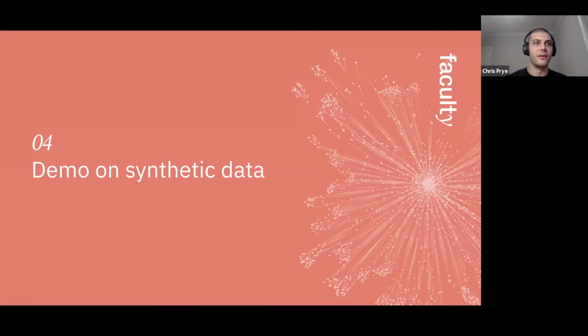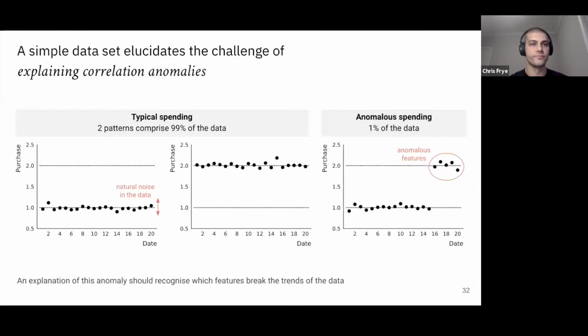Okay, so let me try to make this last point a little bit clearer with a demonstration of how all of this works on a simple synthetic data set. Okay, so we generated a very simple data set that's meant to represent, say, purchase histories for various individuals. So a typical individual has a purchase history that follows one of two common trends in this data set.